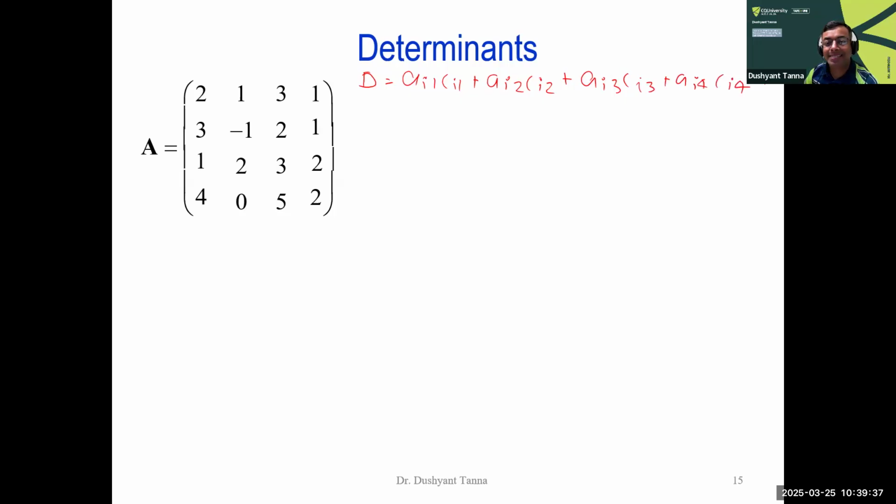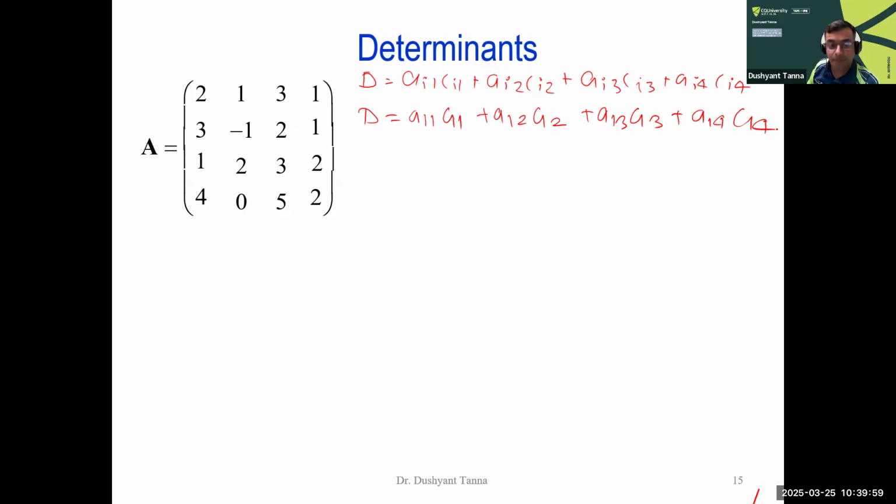Now you can set your i as anything. I'll set it as 1. So my determinant D will be A11 C11, A12 C12, A13 C13, and A14 C14.